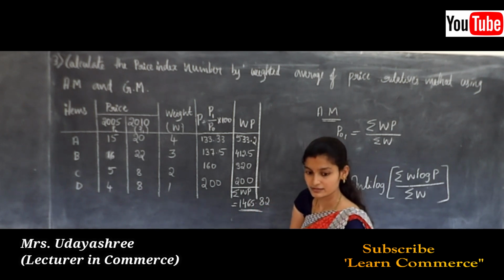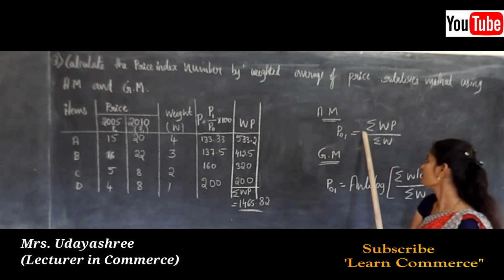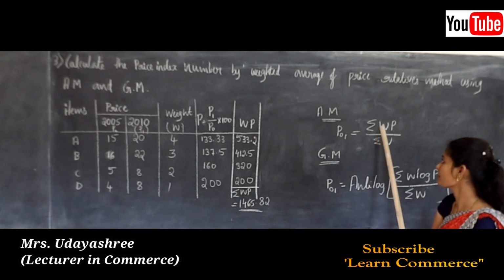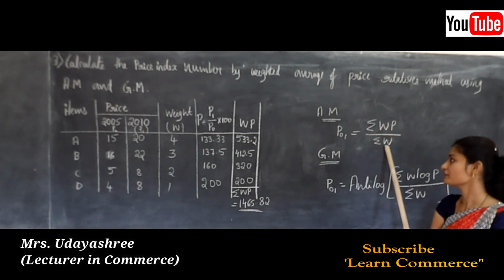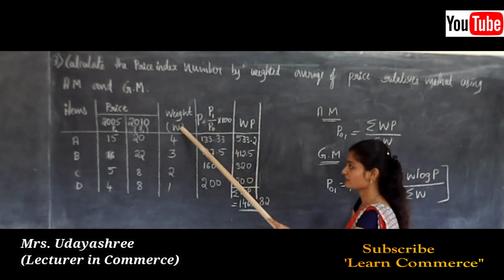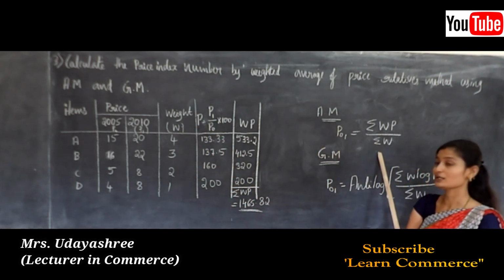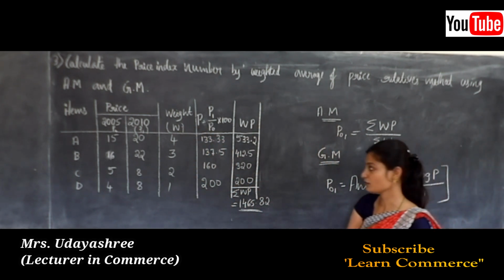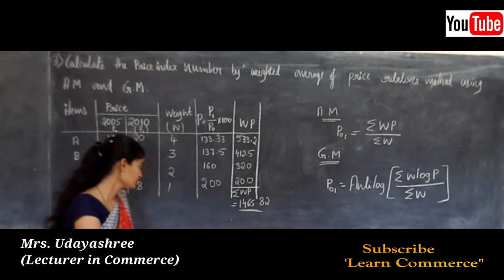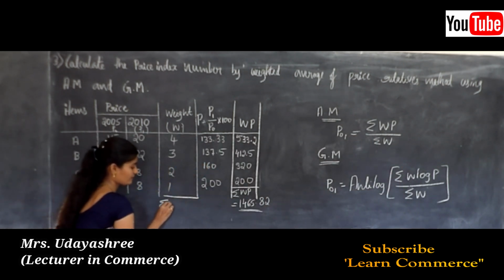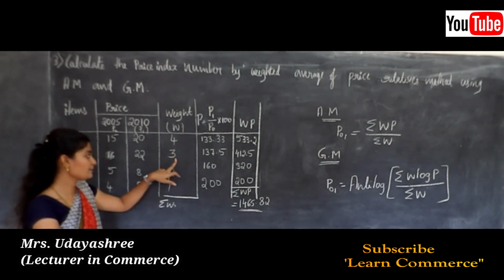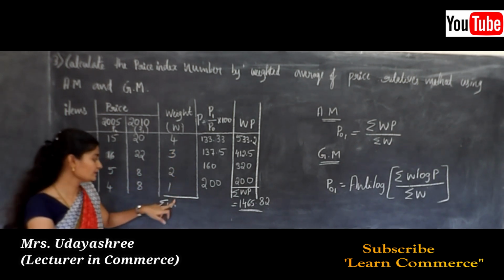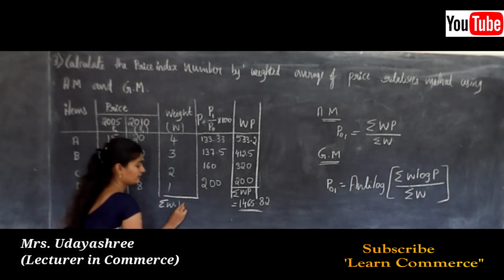Okay. See, in our formula we completed sum of WP. Next we need to calculate sum of W. See, here W observations are there. How to calculate sum of W? That is 4 plus 3 plus 2 plus 1, that is 10.